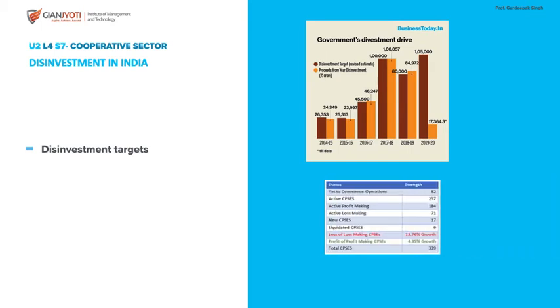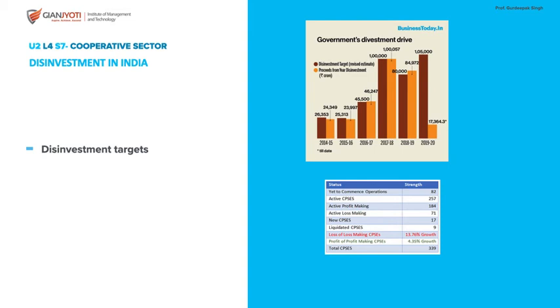If we look at how the public sector enterprises have been doing, especially the central public sector enterprises, there are around 82 which have just come up and have yet to commence their operations. The active are 257, profit making are 184, and loss making are 71. The new CPSEs which are going to come are 17, and we have already liquidated 9 of them.